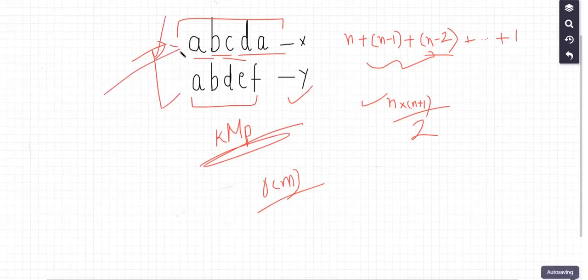To generate all n square substrings of this string x, we would require an algorithm of n cube. How?